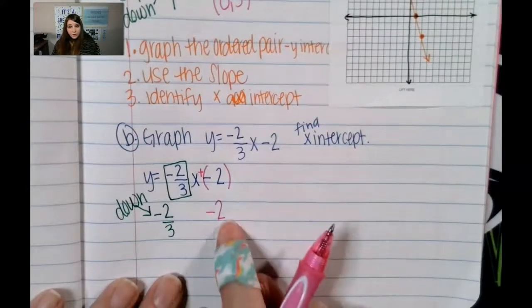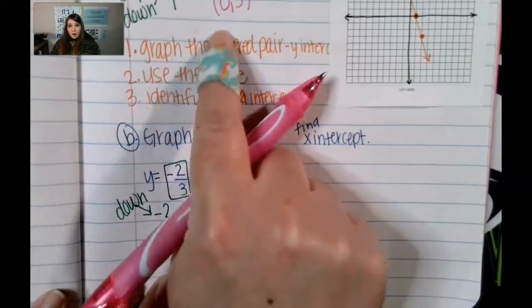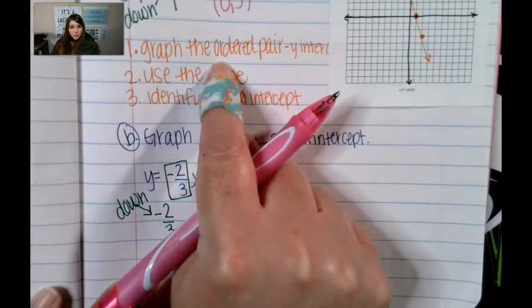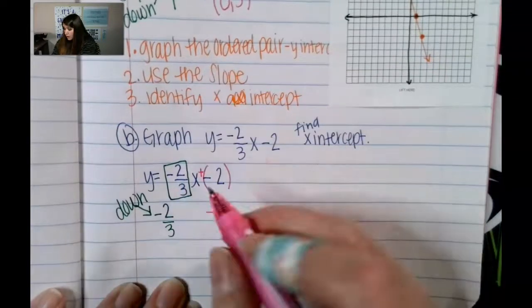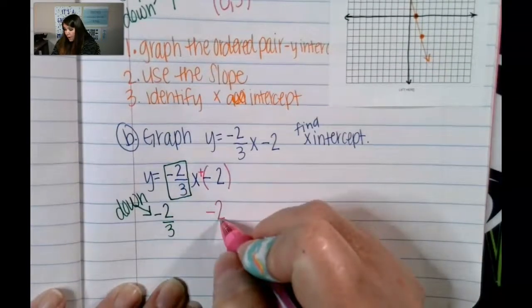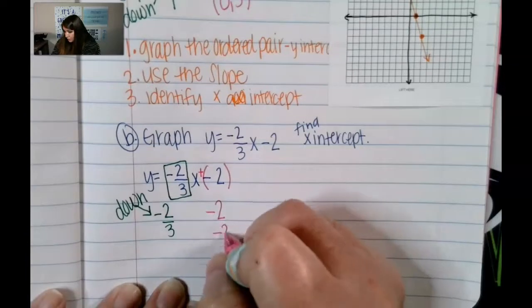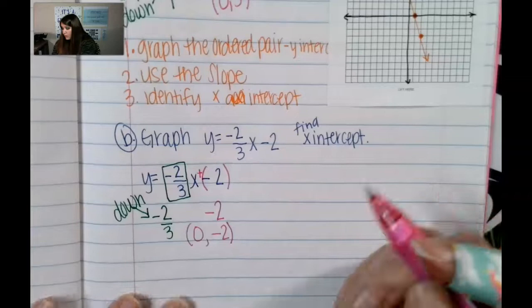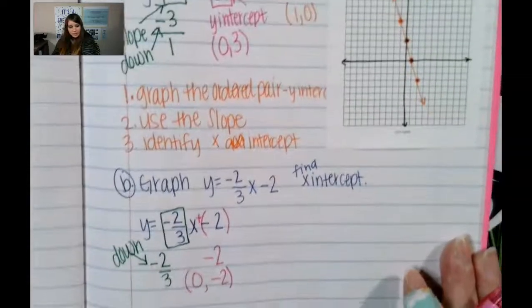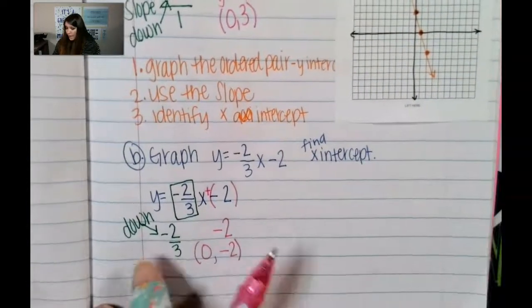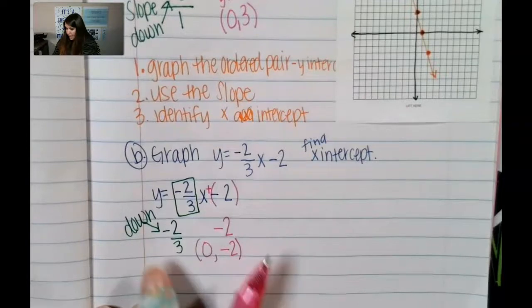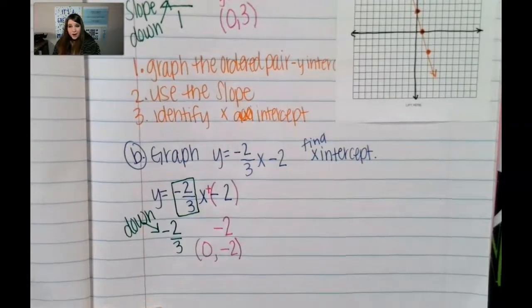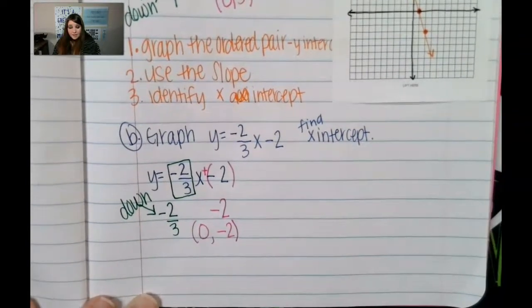So now we're going to create our ordered pair so that we can graph it. If the y value is negative 2, my x has to be 0.